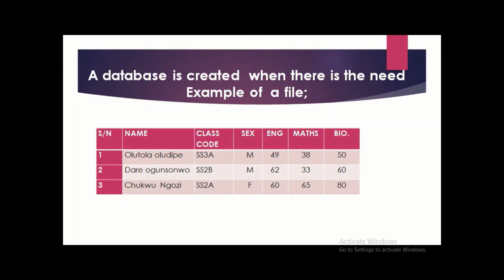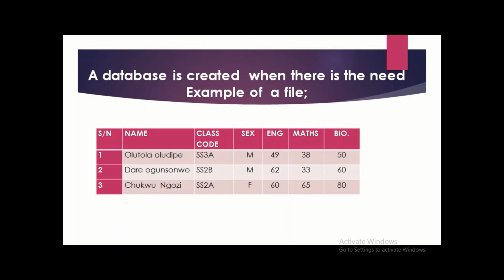This is an example of a database that is created when there is need, and this is an example of a file. The file consists of many records. Under the records, we have different elements. Look at the first name, Olutola Oludipe. He has the class code of 3A, that is the class SS3A.